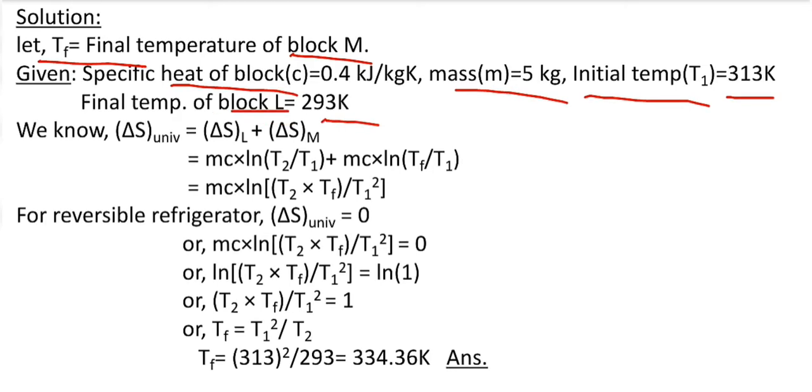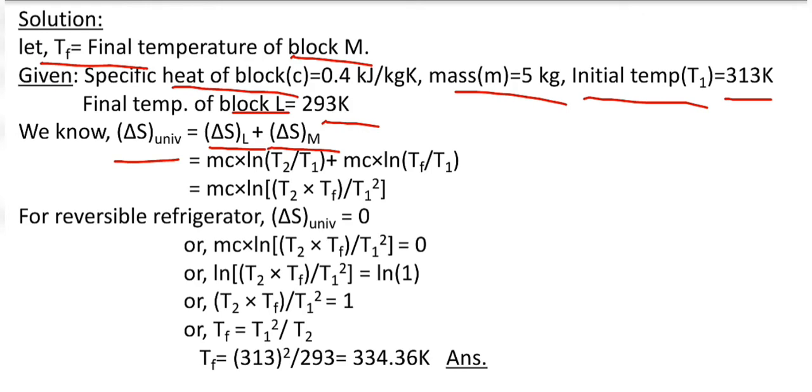These are all values given in the question, and we know, friend, the change in entropy of the universe is equal to the sum of the change in entropy of system 1 and system 2, and here system first is block L and system second is block M. The formula of change in entropy is mc ln final temperature divided by initial temperature. Here the final temperature of block L is T2 and the initial temperature is T1, and for block M the final temperature is Tf and the initial temperature is T1.